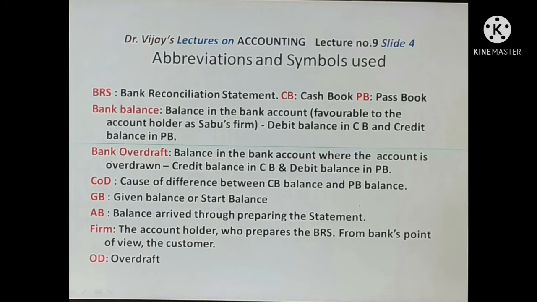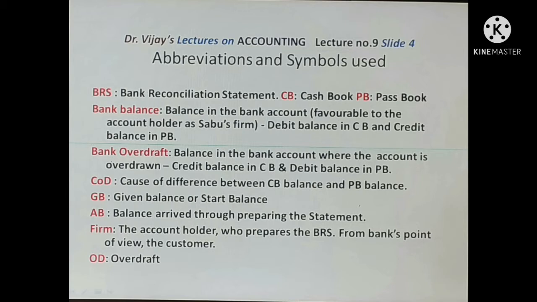So many terms are repeated again and again while explaining about bank reconciliation statement and while preparing it. So we are using some abbreviations and symbols. BRS, Bank Reconciliation Statement. CB, Cash Book. PB, Passbook.